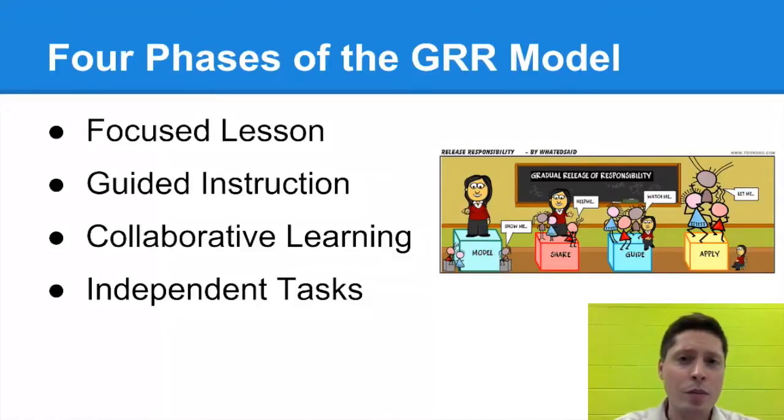And with the flip model, you do have that transition from sage on the stage to guide on the side, it just happens a little bit differently. And I think that working together with gradual release and flipped instruction, you can provide a high quality learning environment for students.